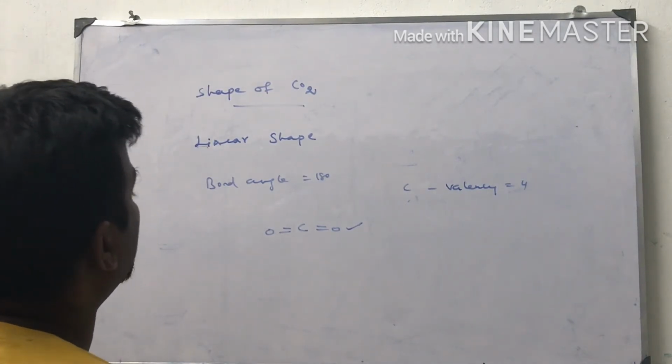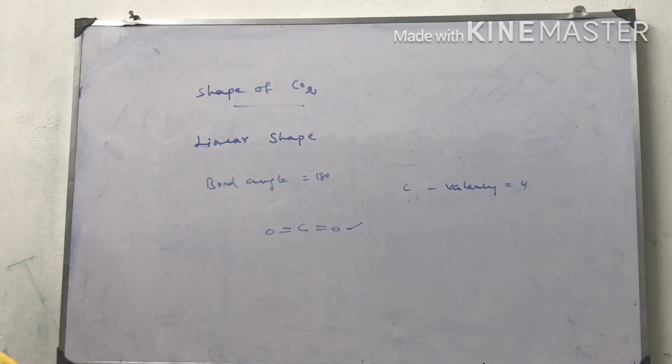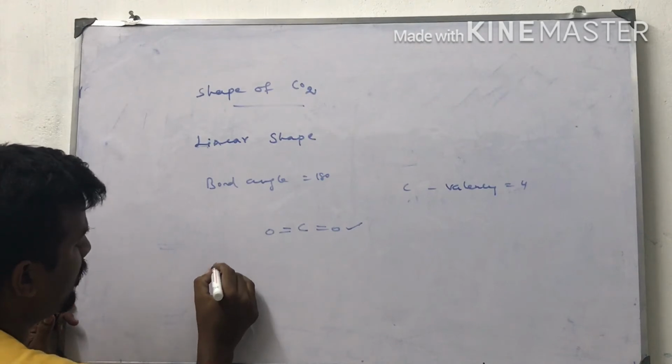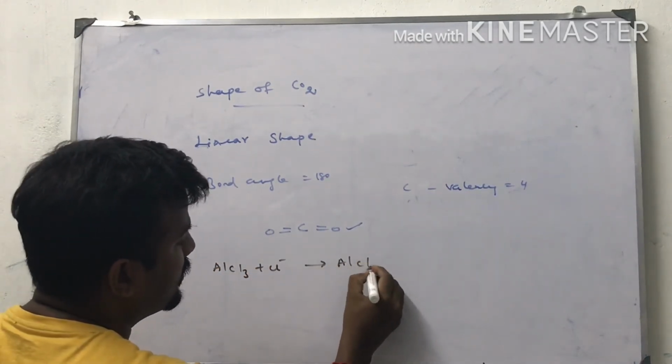Next question. What is the hybridization of AlCl3 plus Cl minus giving AlCl4 minus?